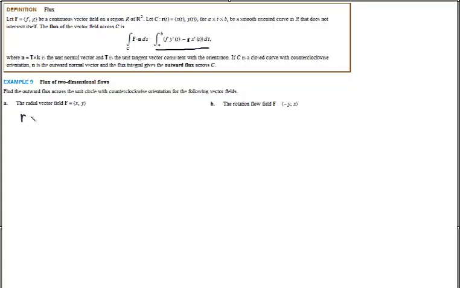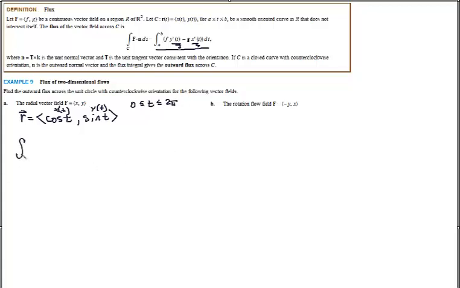That gives us that our r vector is then cosine t, sine t, and this is for the x and this is for the y of t, so that way I can plug in for each of my derivatives there. Also notice that t in this case goes from 0 to 2 pi.